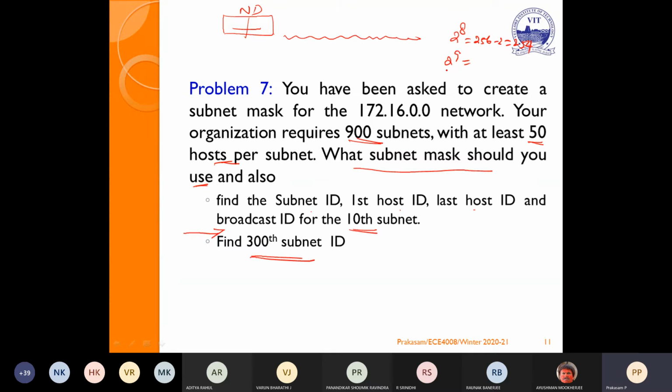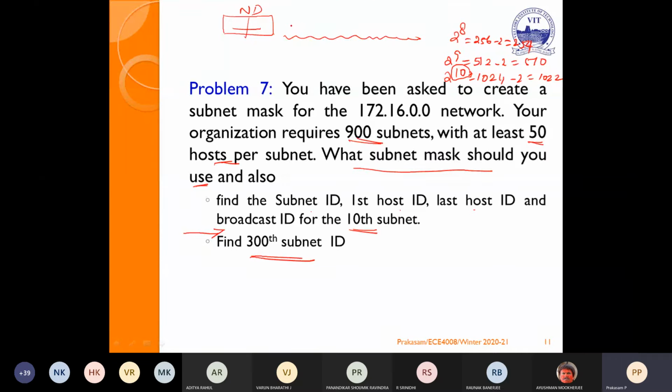What is 2 power 9? 512 minus 2, 510. So 2 power 10, 1024 minus 2, 1022. So out of 16, if I am allocating 10 bits, then I can provide 1000 subnets. I need 900 subnets.